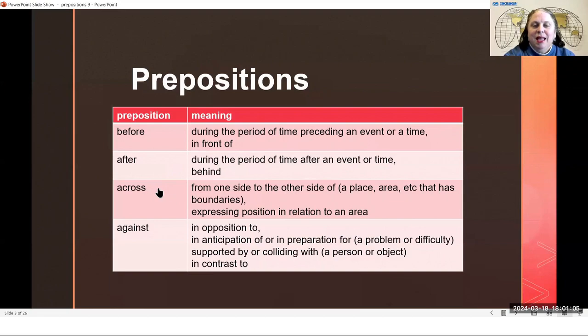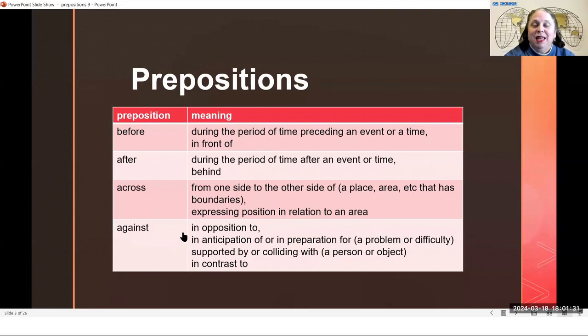Across can either mean from one side to the other side of a place, or from one side to the other side of an area, some place or area that has boundaries. Across can also mean expressing position in relation to an area. And against, there are several meanings of against.